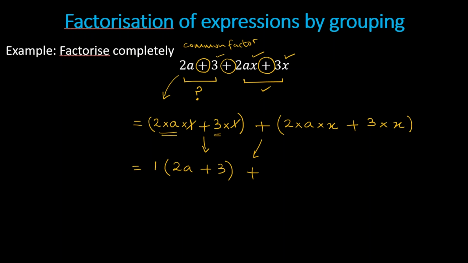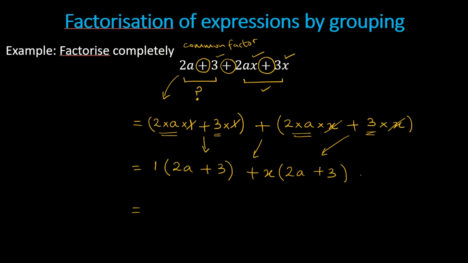We have a plus here. Now let us take out the common factor for the second pair of brackets. What is the common factor? The common factor is x. We are left again with 2a plus 3, right?